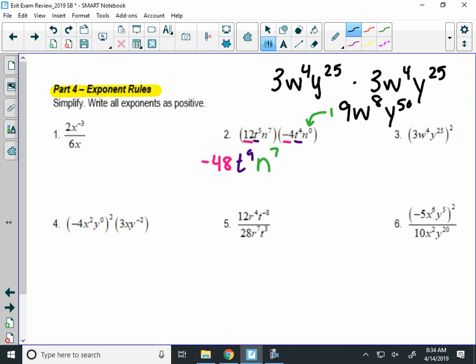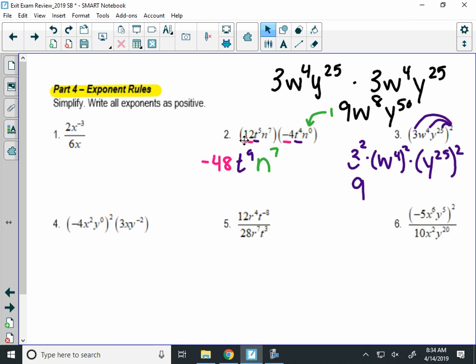The other method for number 3 would be to do what I call distributing the exponents. So you would make every term here get an exponent of 2. So you'd have 3 squared times w to the 4th squared times y to the 25th squared. What you would remember is that 3 squared is 9.